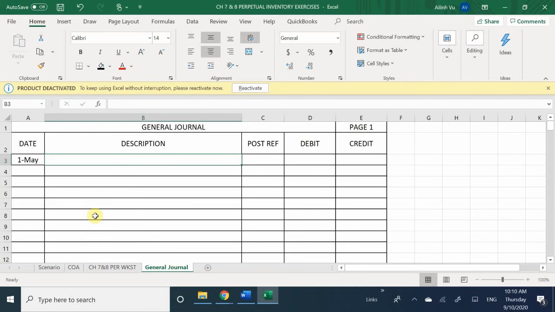Is accounts payable your debit or your credit? Nope, it was a purchase. Good, it's a purchase. Now, with accounts payable, are we increasing the money we owe or decreasing the money we owe? We're increasing the money we owe.